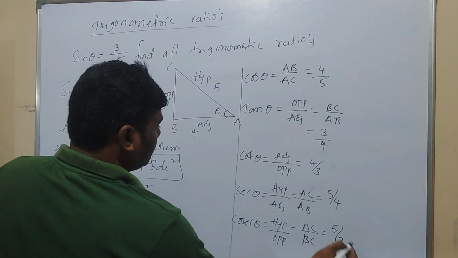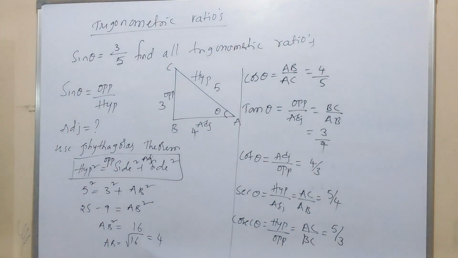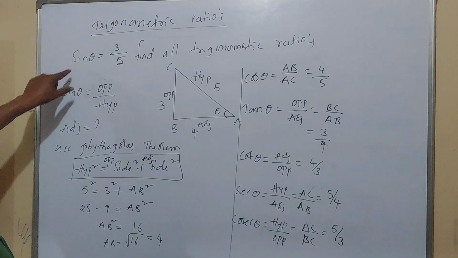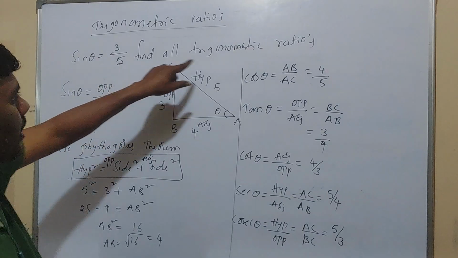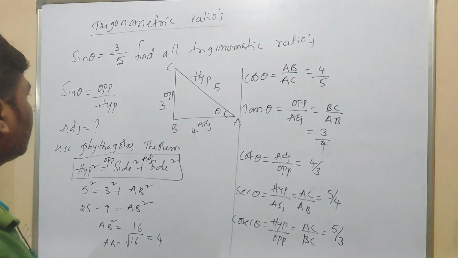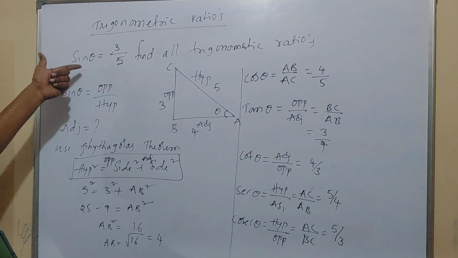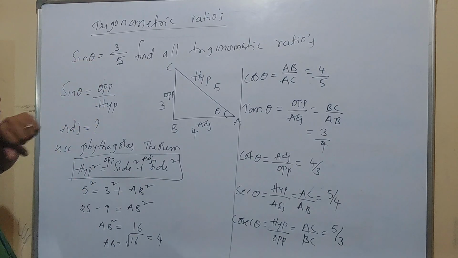These are the remaining ratios. This is sin theta equals 3 by 5. Find all trigonometric ratios. Like this, cos can also be given, cos theta equals 4 by 5. Find all trigonometric ratios. This is one question.